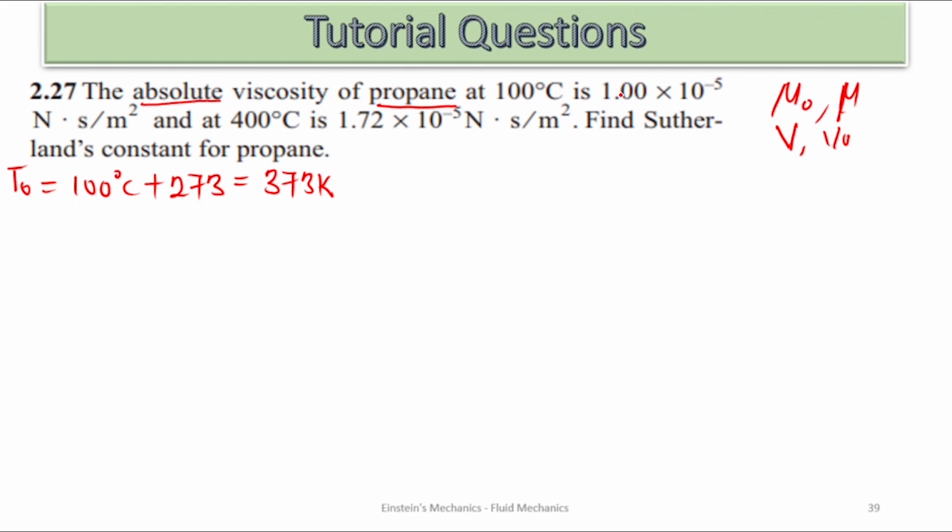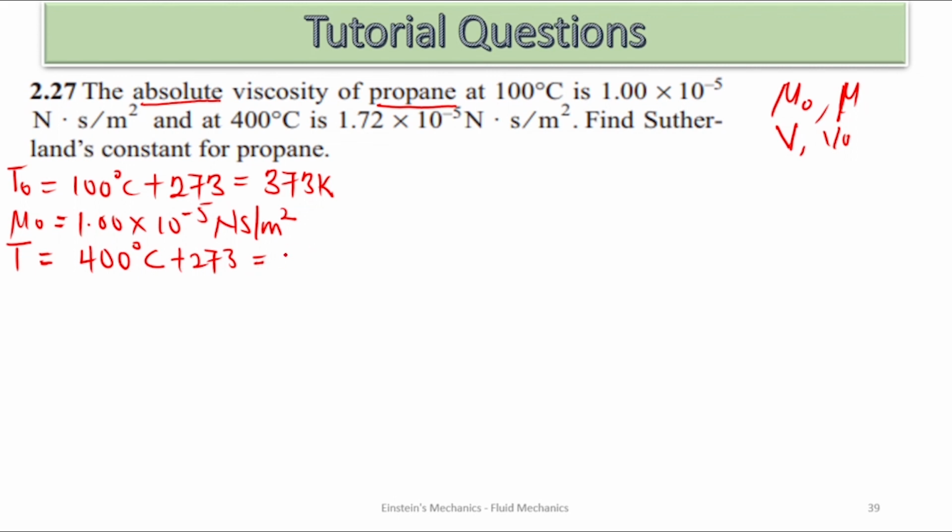So the viscosity at this temperature is 1.00 times 10 to the power negative 5, which is my mu naught, because they are initial conditions, which is 1.00 times 10 to the power negative 5 Newton second per meter square. And at 400 degrees Celsius, which is my T, which is 400 degrees Celsius plus 273, and I'm getting 600 and what?